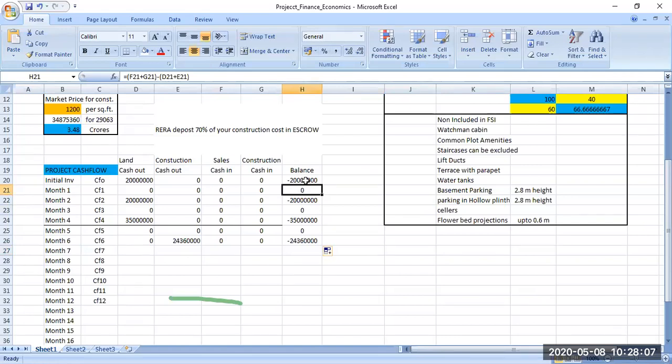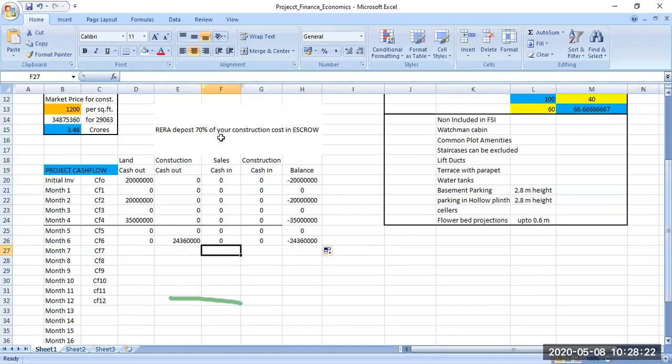And so we are in negative. Every month our cash flow is negative. And it is only once we start the project, we start selling and we'll start getting something out of sales. Okay, so let's say in month 7, we start selling.